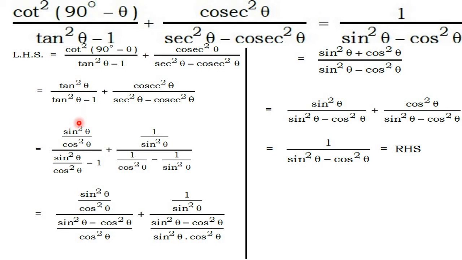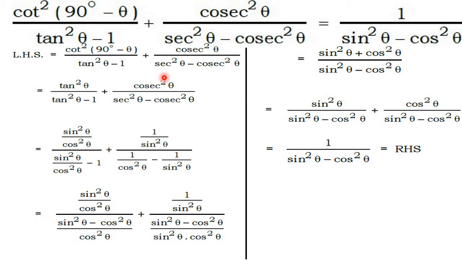Here square is there, so tan square theta becomes sin square theta divided by cos square theta. So the denominator is sin square theta divided by cos square theta minus 1.